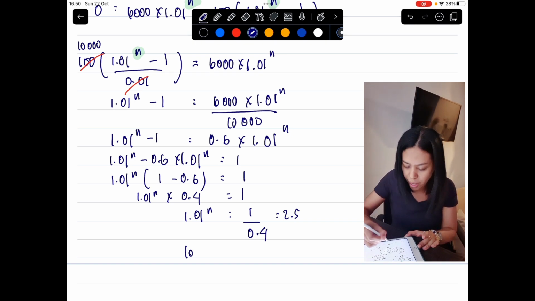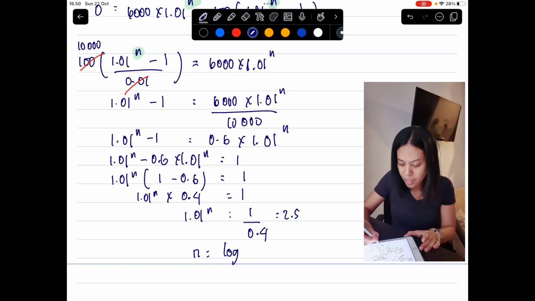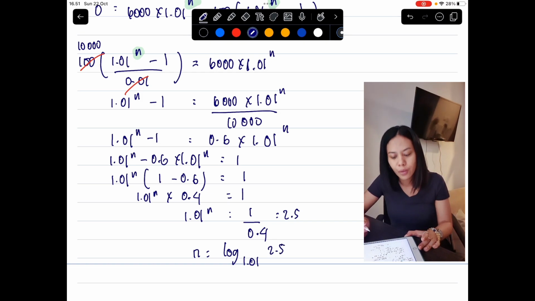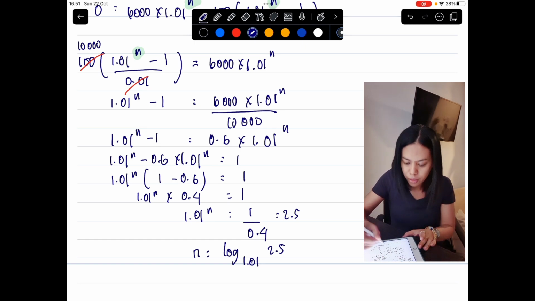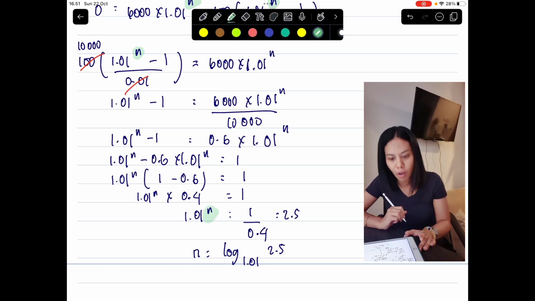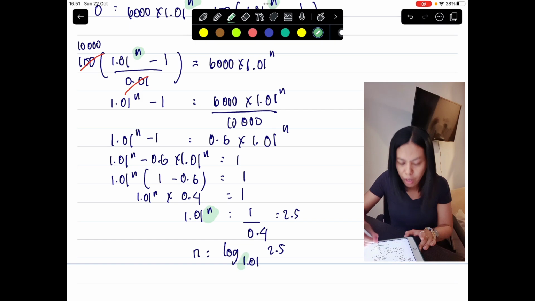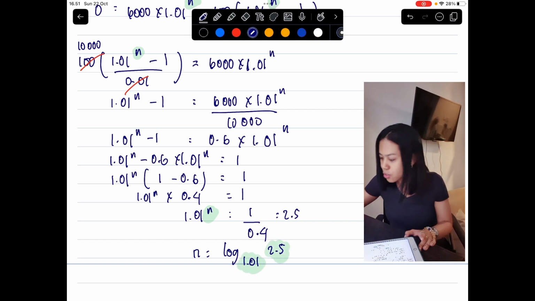Sorry, n equals log base 1.01 of 2.5. So to find the exponent here, we're going to use log. So it's going to be log base 1.01 of 2.5. Let's use the calculator again. Okay, so I have it there.